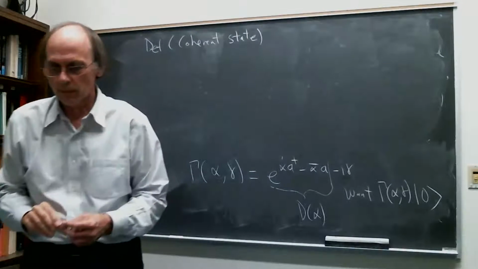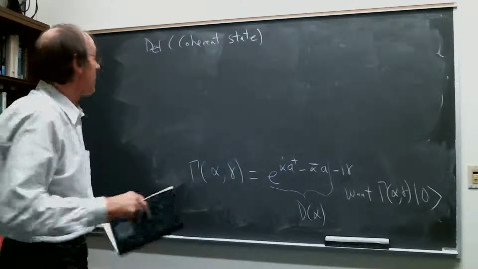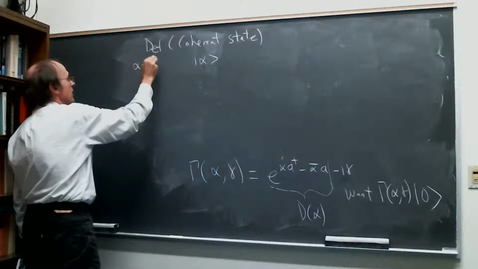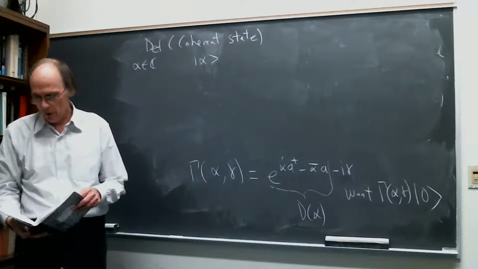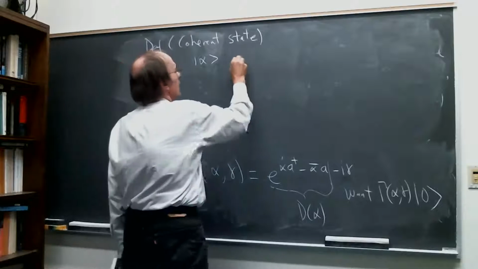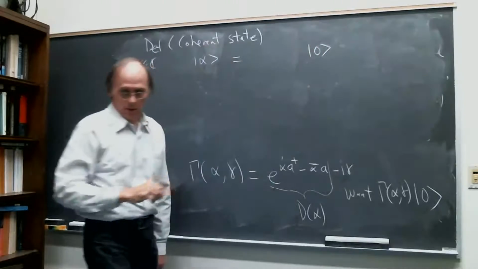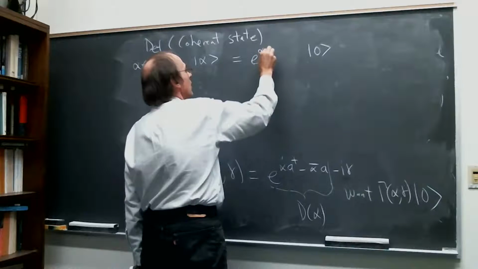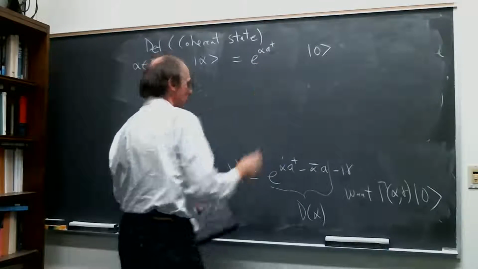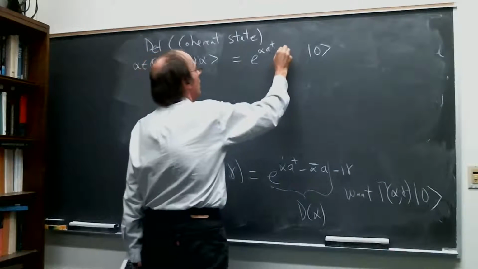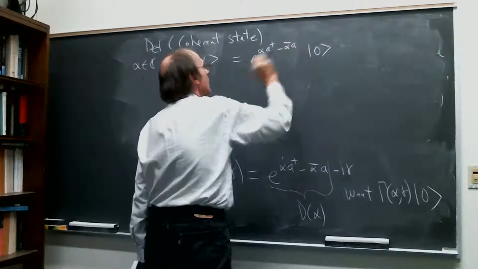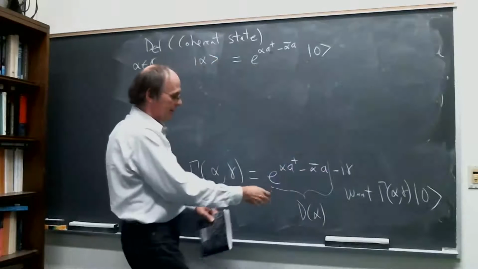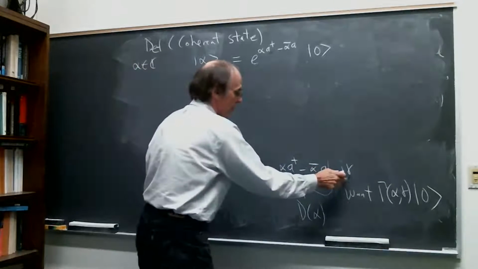It's labeled by some complex number alpha, and what you do is take the ground state and multiply it by e to the alpha a dagger minus alpha bar a. It's basically the thing which gives you the Heisenberg group action with the phase information thrown away.